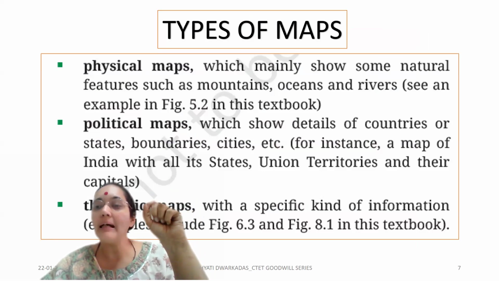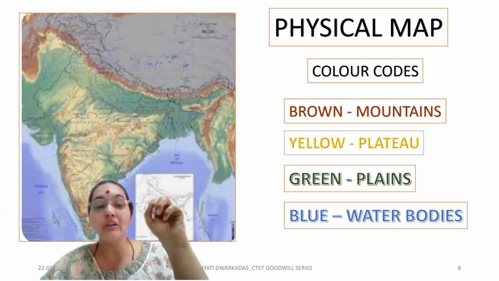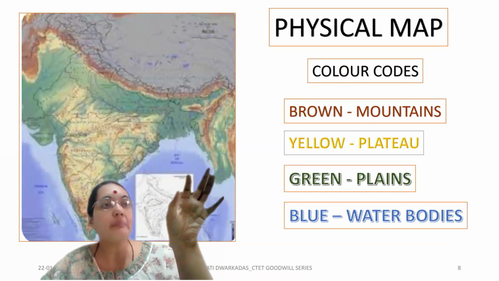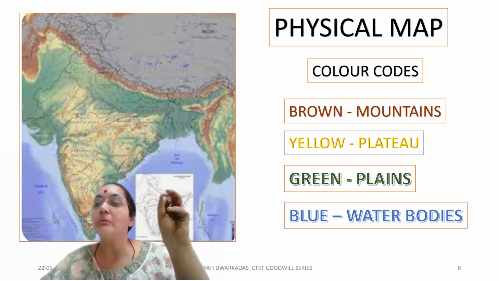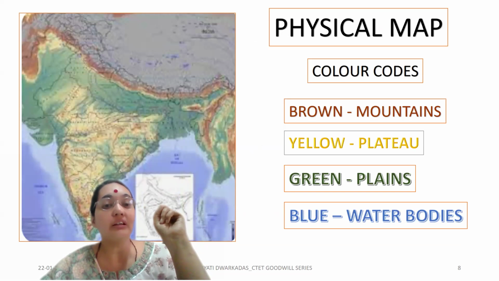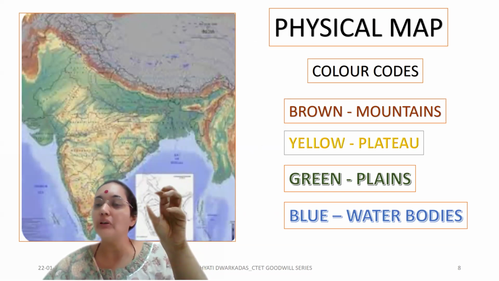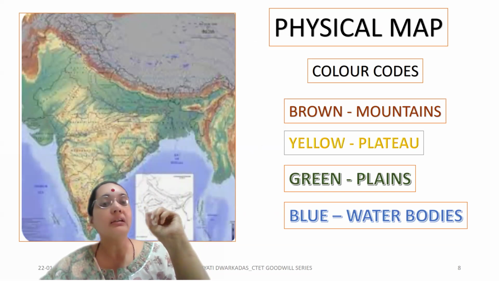On a political map, you would see countries or states with boundaries, states and union territories, and thematic maps include specific topics for the map, like maybe a population map, or you wanted to look at all the natural vegetation found in a particular country, or the rainfall of a particular country, then you would look for a thematic map. Thematic is based on a particular theme.